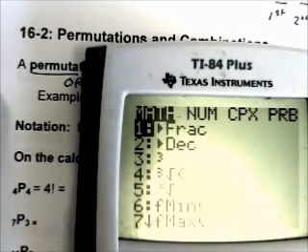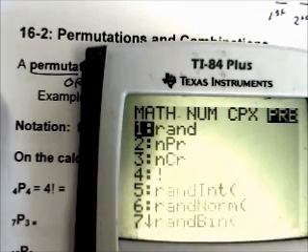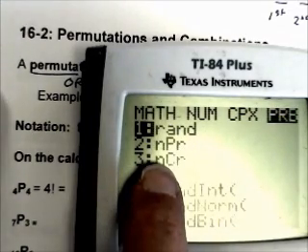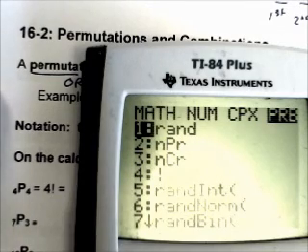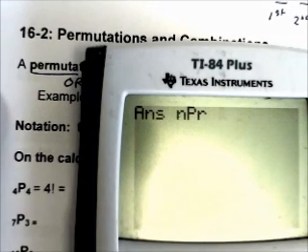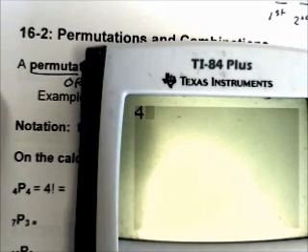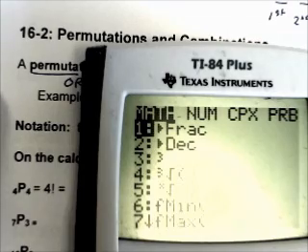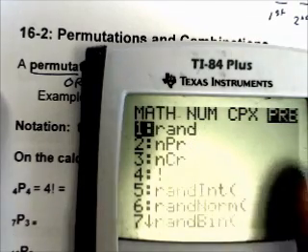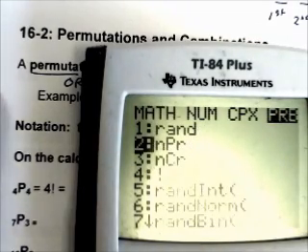So I can right arrow over to it, or I can just left arrow once and it'll bring me there. And nPr is 2, so I go down to 2. I must have had something in the calculator already. Let me clear that out and try again. So I want 4, math, PRB, now nPr.